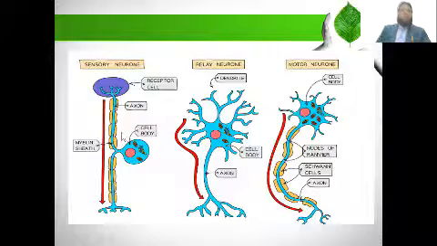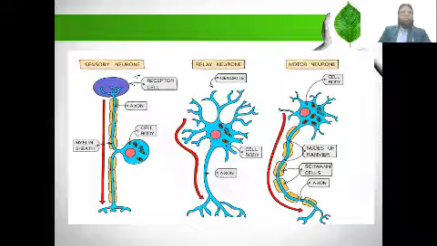Now, what is the functional relationship between these three types of neurons? These sensory neurons are connected to the receptors, and then the message goes to the spinal cord by the sensory neurons.